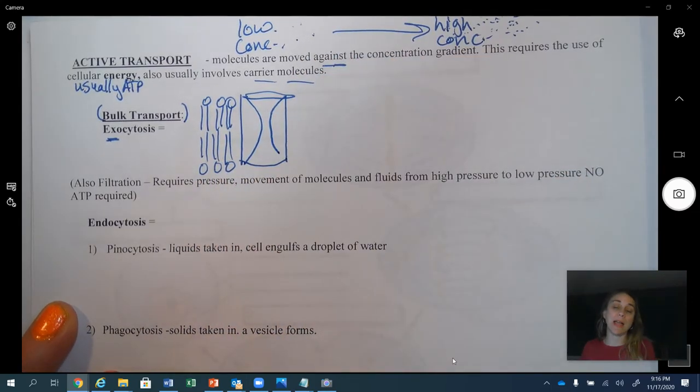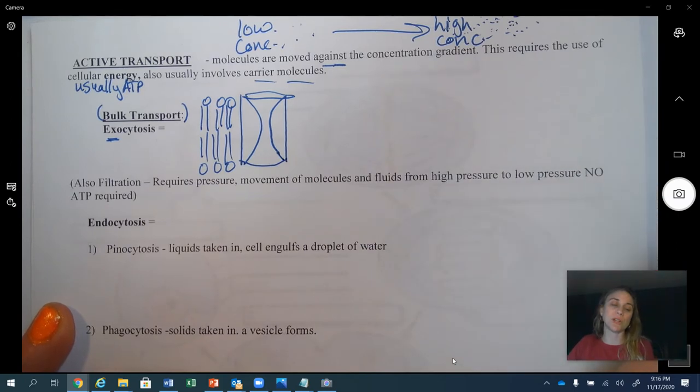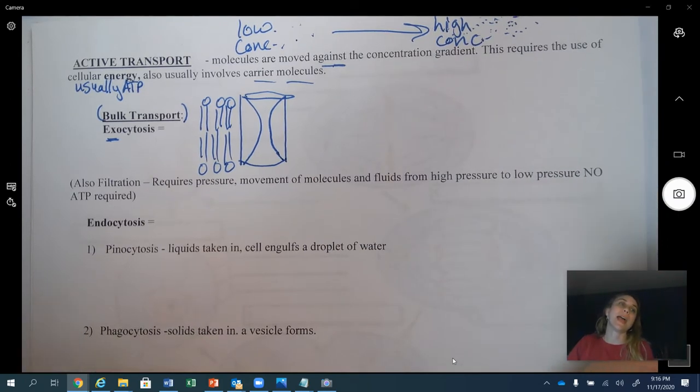Same kind of idea as the channel protein, only this one's just a little more high tech. The conformational change is going to literally pull the molecule across, a conformational change with energy, with ATP.